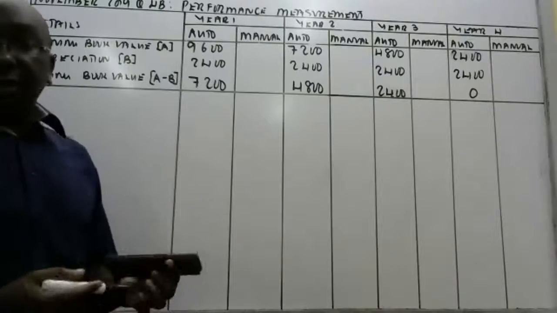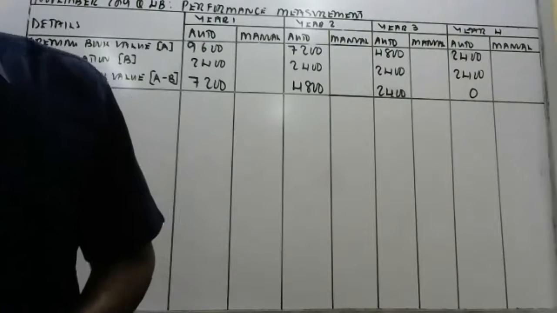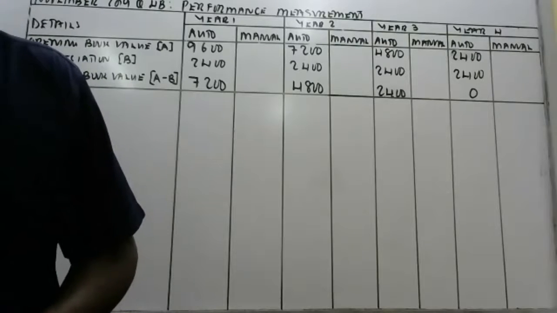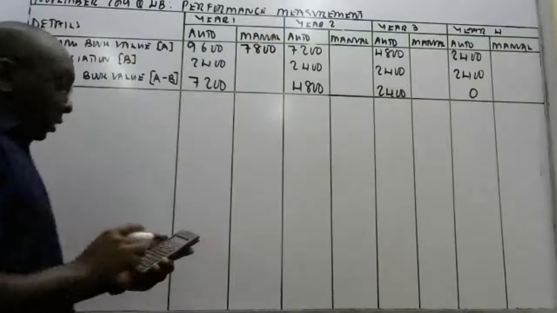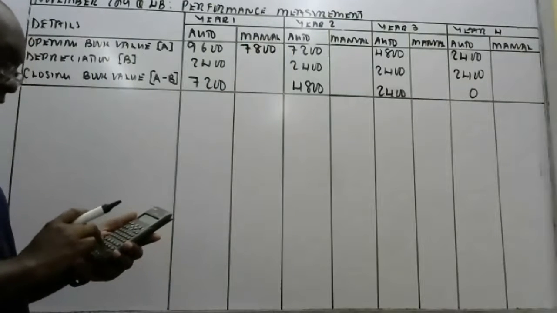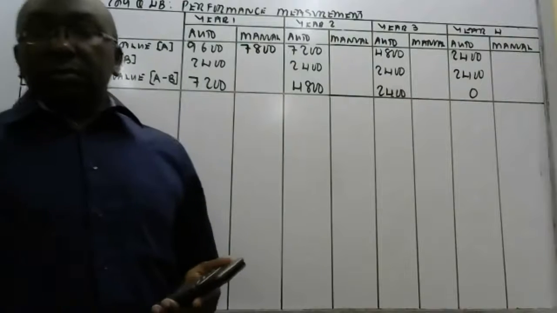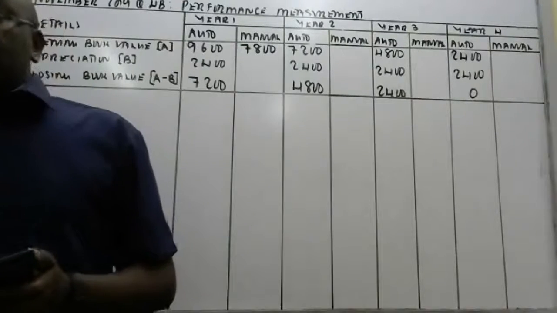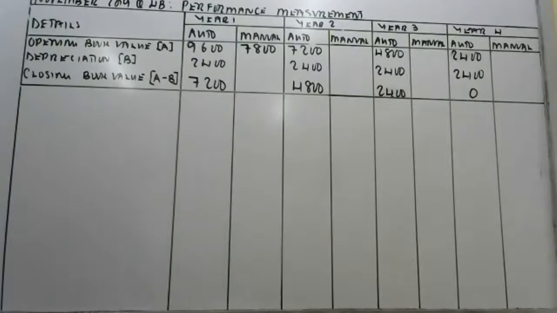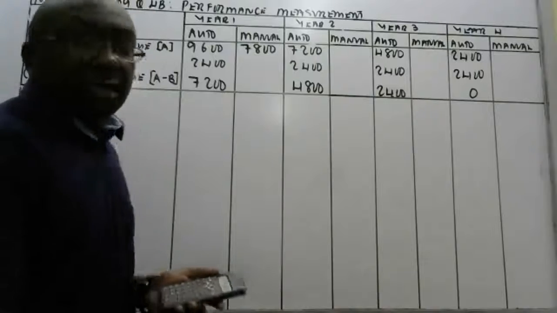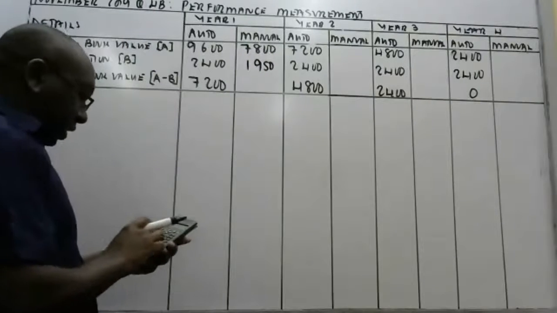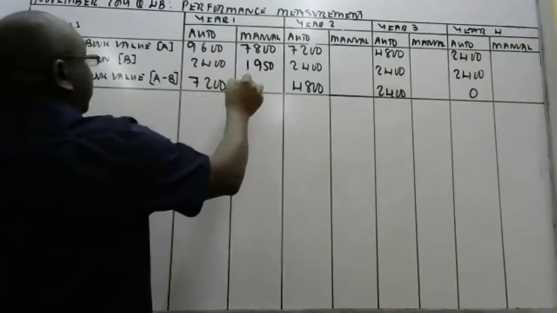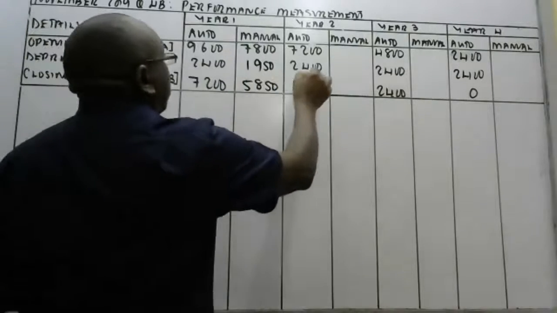Okay, let us do the same thing for the next one, which is having 7800 as the opening value here. So 7800 divided by 4, what is the answer? Yeah, good, 1950. So if you say 7800 minus 1950, I'm getting 5850.